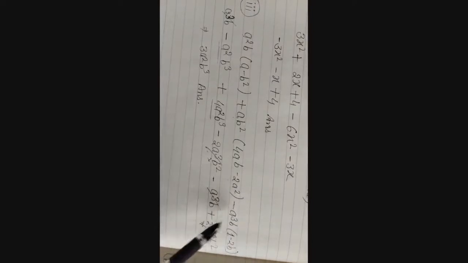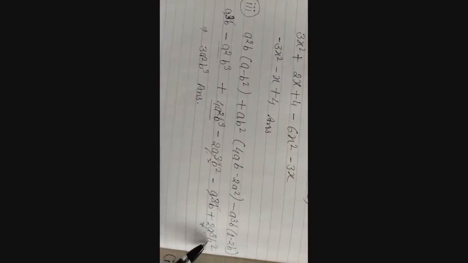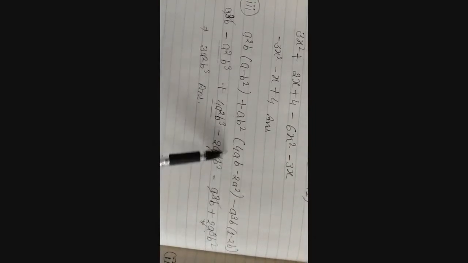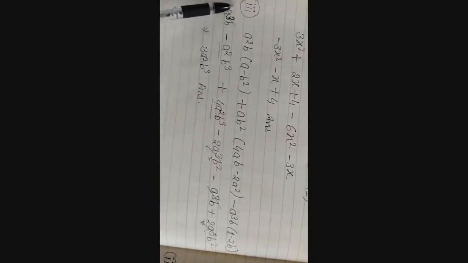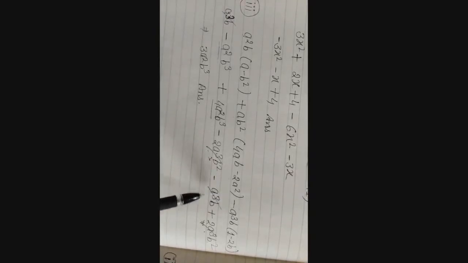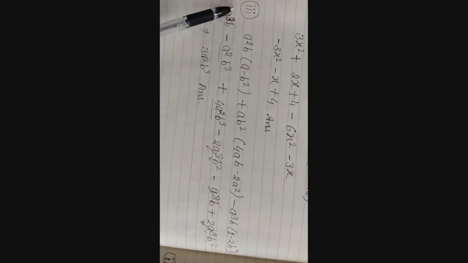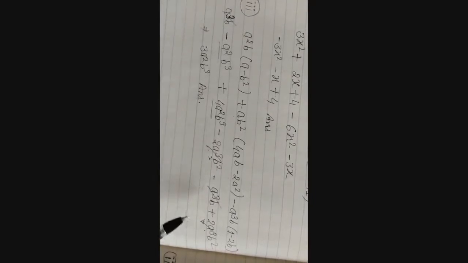Now 2 is 2, a to the power 3 is a to the power 3, this b and this b² gives b³. Now this is minus 2a³b and this is a single a³b and this is also a single a³b, and this is also 2a³b².